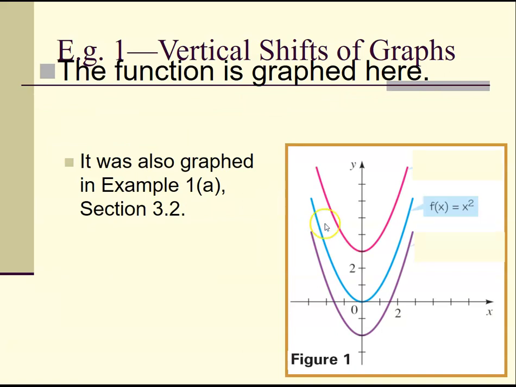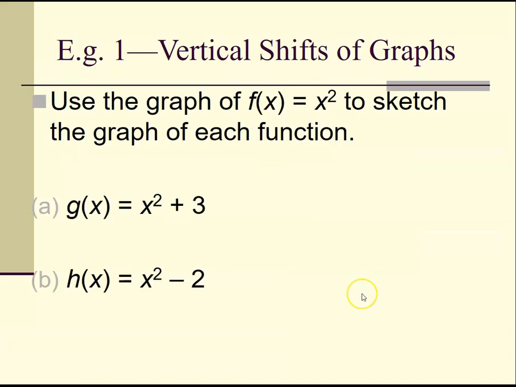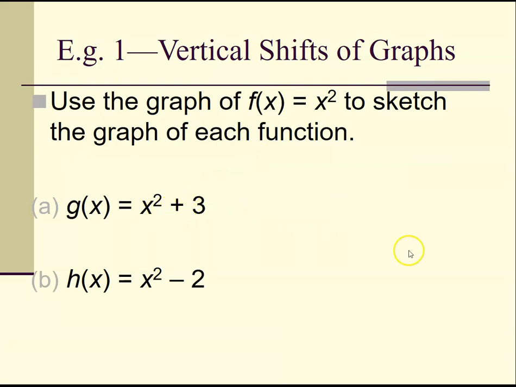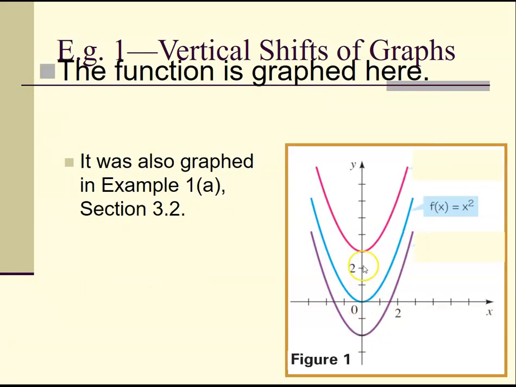The original equation is f(x) equals x squared, a parabola, but we have plus 3 here. So you're going up by 3 units, and this one now will be your origin, so the graph will start there. Okay?